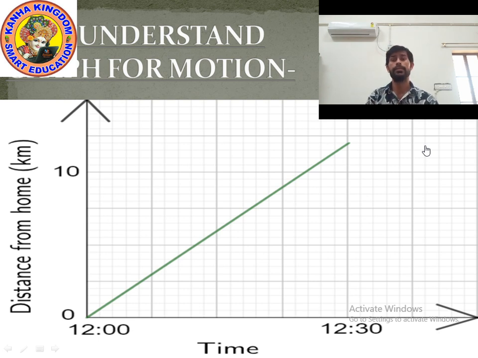Remember kids, to make the graph for motion, we will show time on x-axis and distance on y-axis. Can you see the point where x-axis and y-axis meet? That point is known as origin.